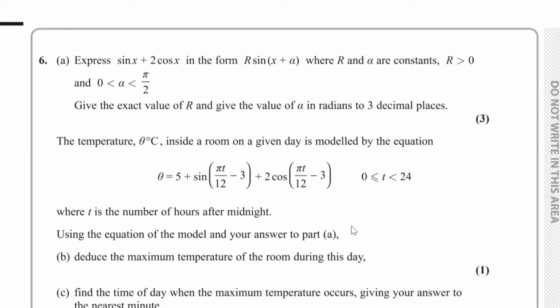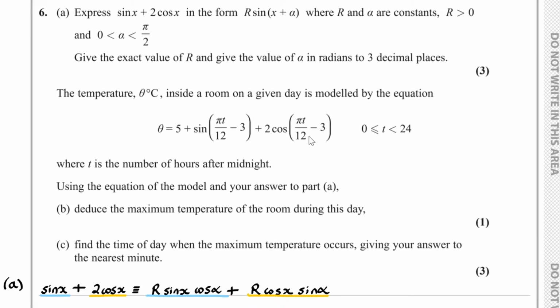And hopefully if we compare this result here with what we have in part A, you can see that the x's have been replaced with pi t over 12 minus 3.